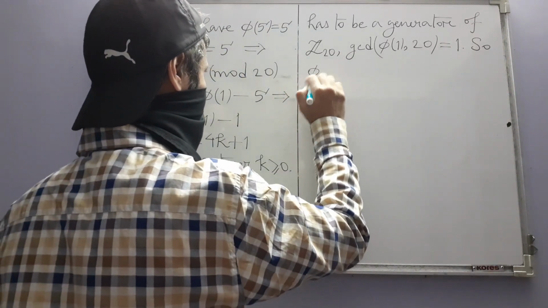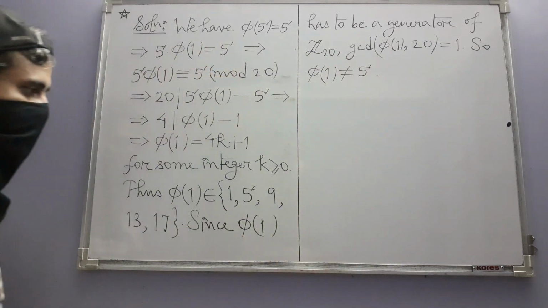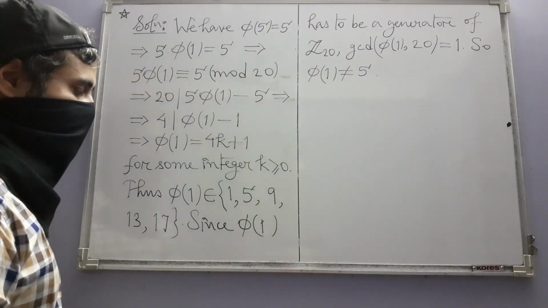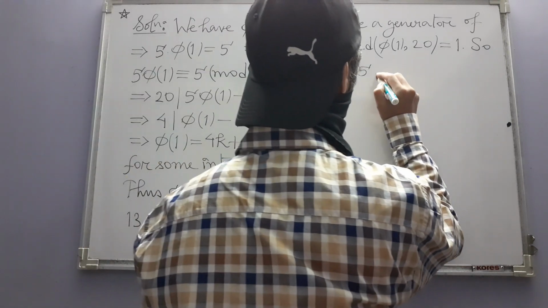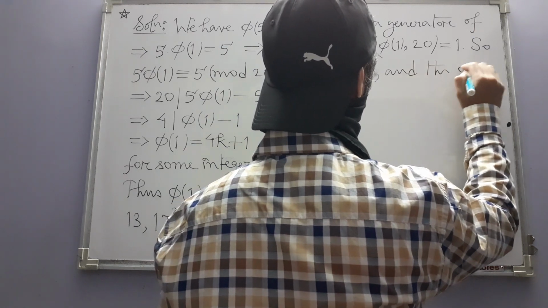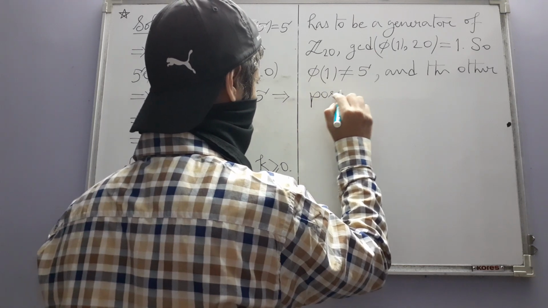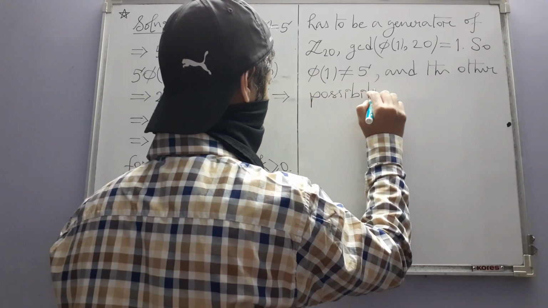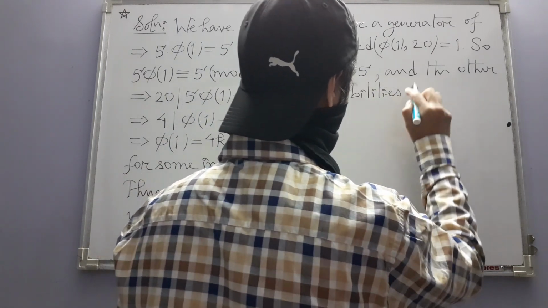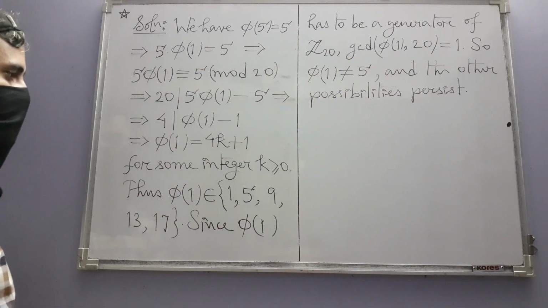So phi of 1 is not equal to 5. The other possibilities persist; they don't go anywhere, just like 5 is gone.